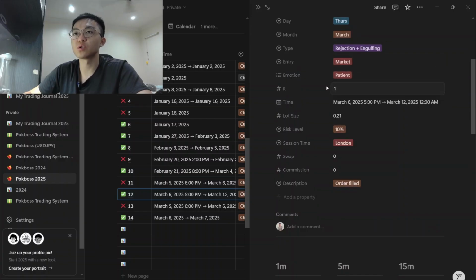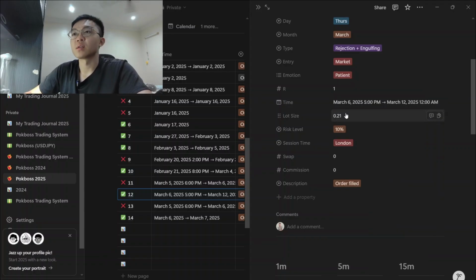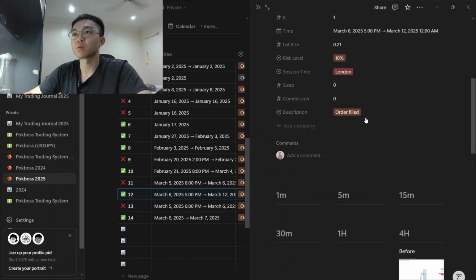The risk to reward ratio is 1, and the trade was entered from the 6th of March until the 12th of March. If you want to be more specific, you can put the time over here. Then the total lot size 0.21, 10%, London, order filled.